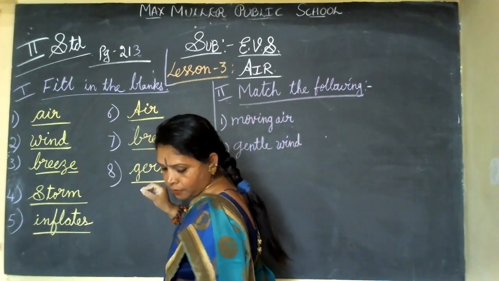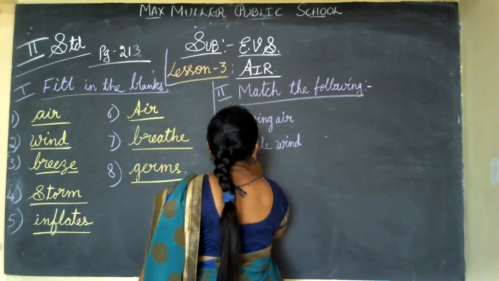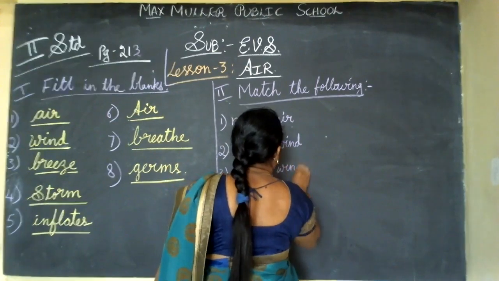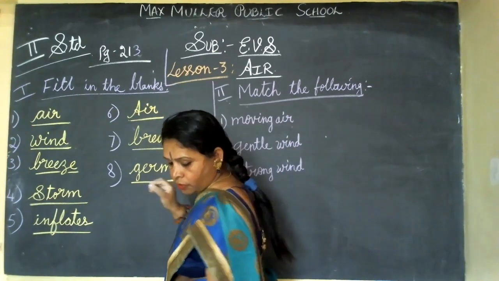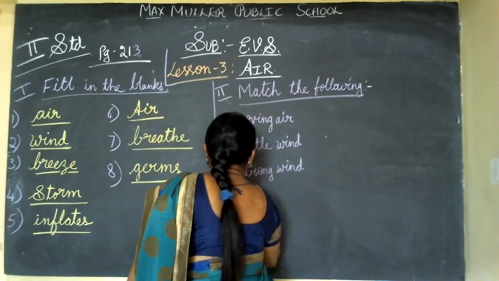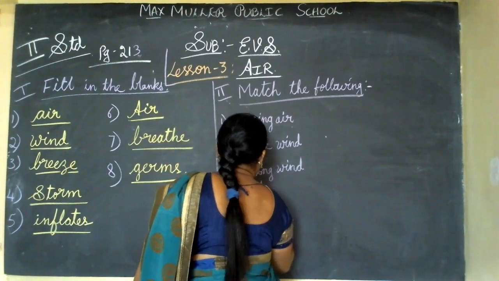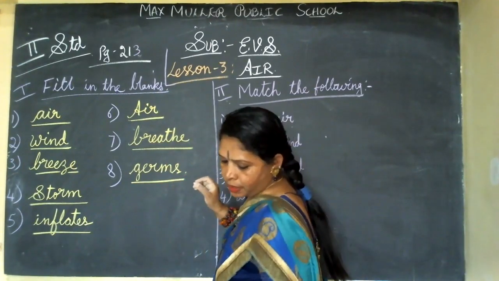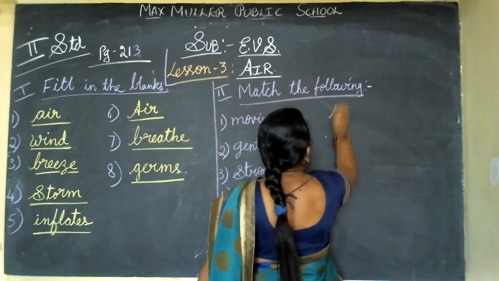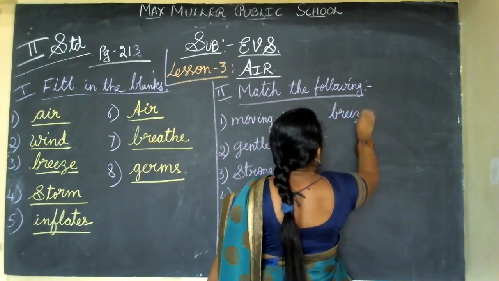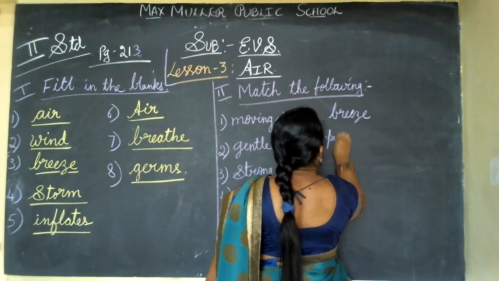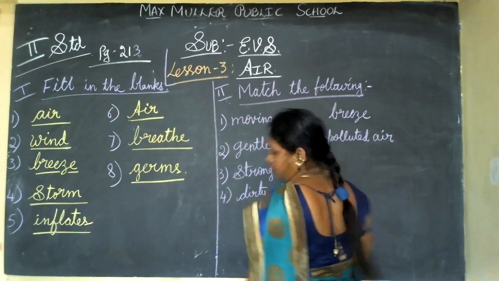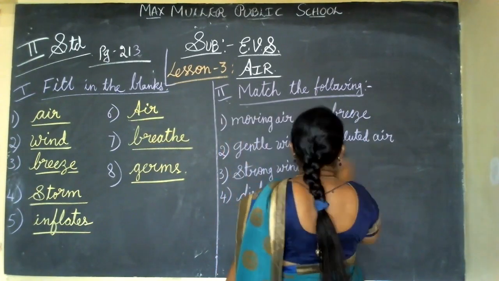Third one, strong wind. Fourth one, dirty air. And the options are breeze, polluted air, wind, storm.